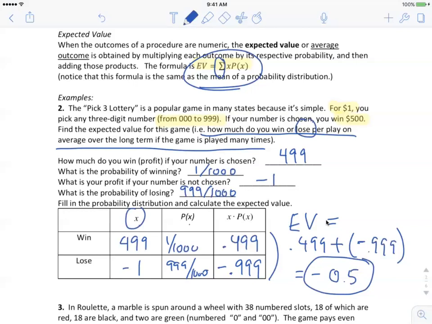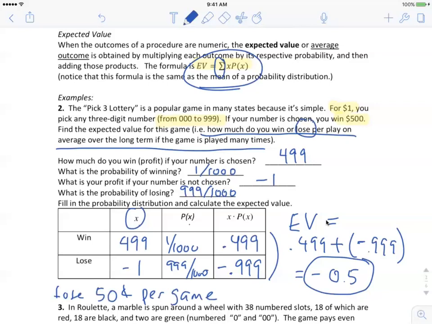So this is $0.50 or 50 cents. And the negative represents lose. And then this is per game. So this is interpreted as, in the long run, you're going to lose 50 cents per game on average in the long run.